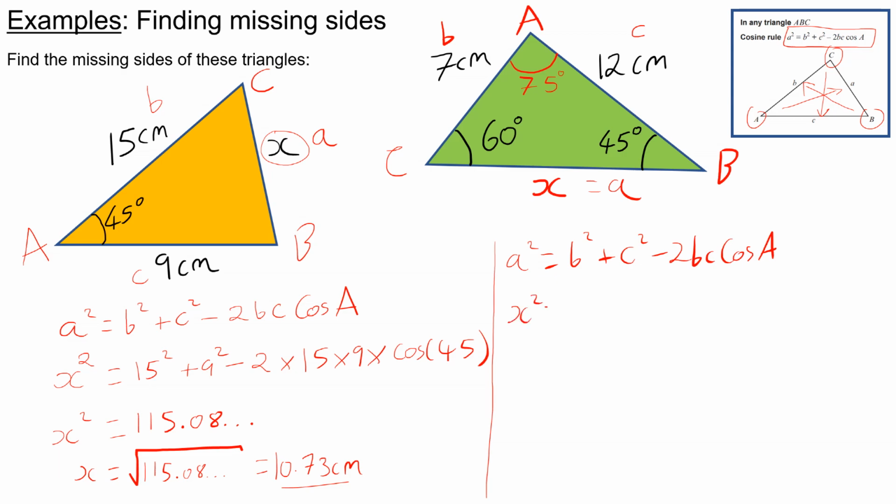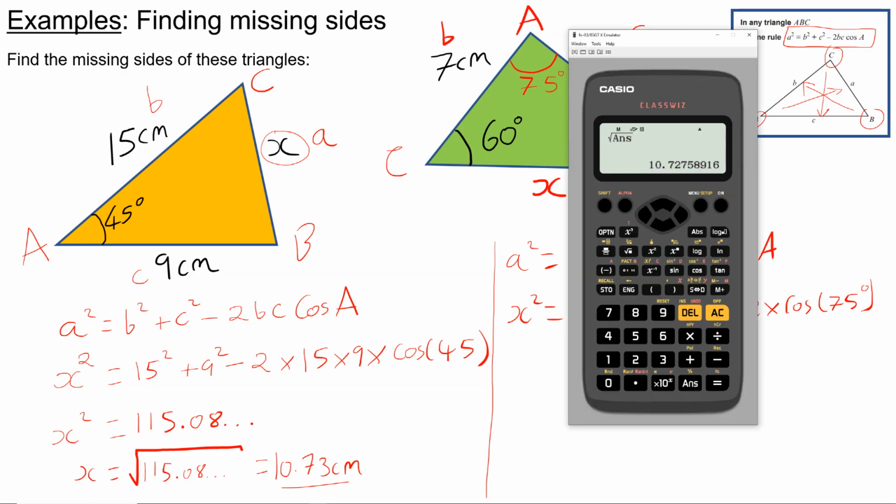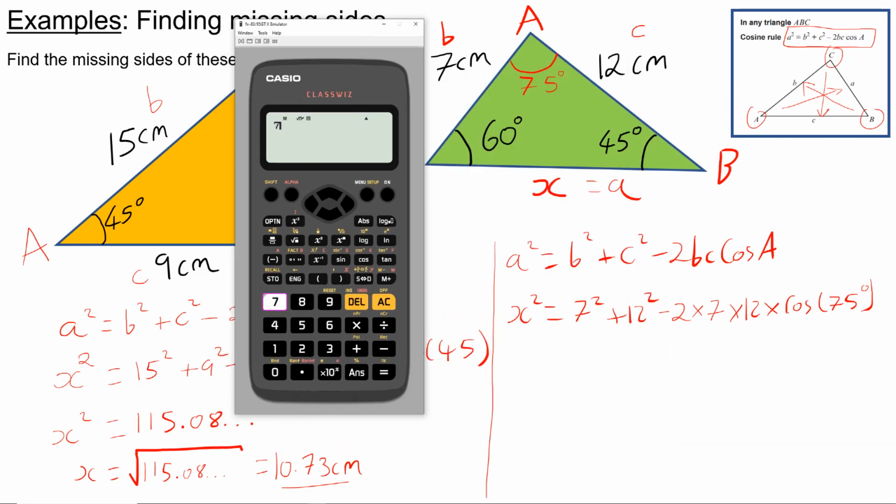So x squared equals 7 squared plus 12 squared, take away 2 times 7 times 12 times cosine of 75. And I can substitute that into my calculator. So we have 7 squared plus 12 squared, take away 2 times 7 times 12 times cos 75.